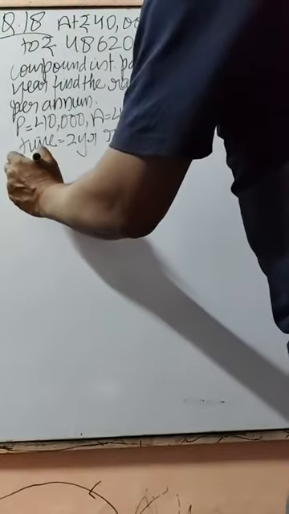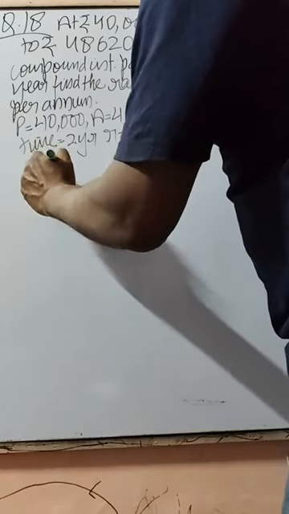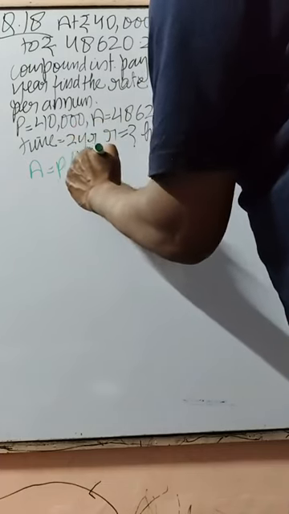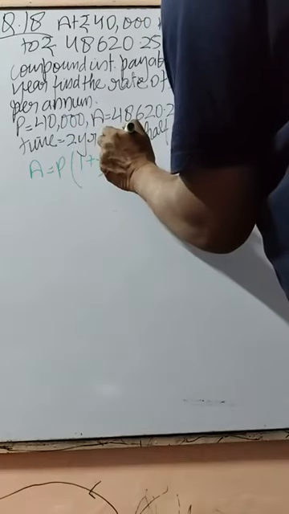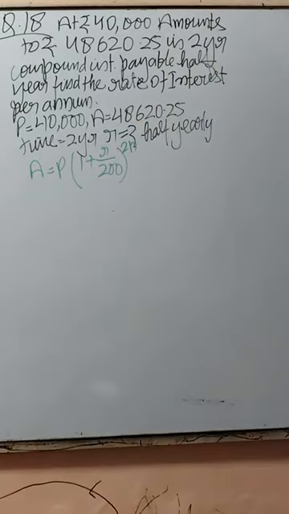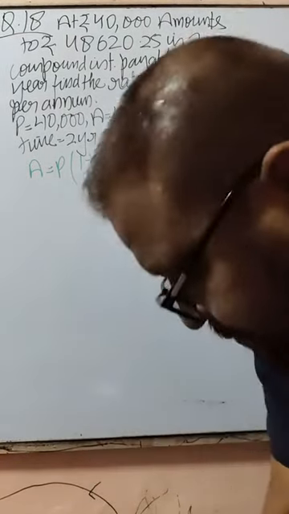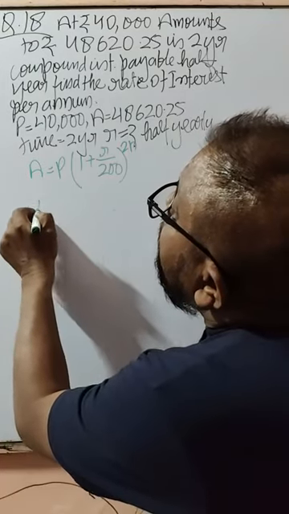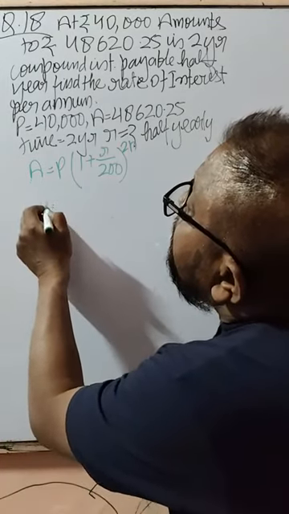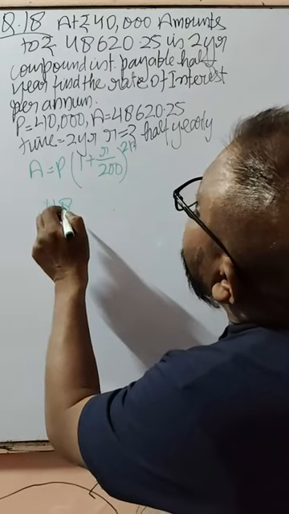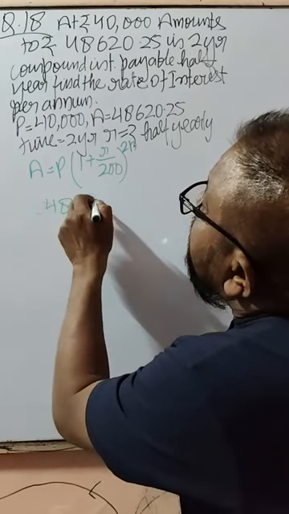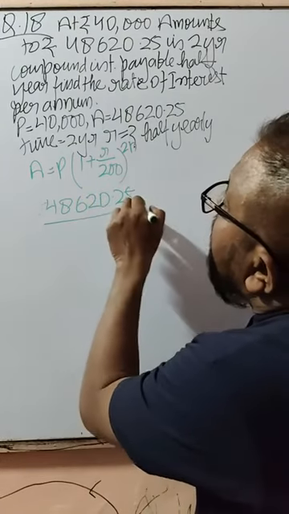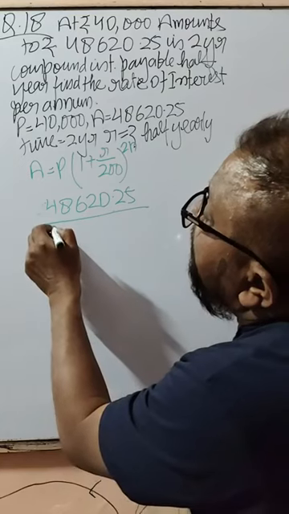We can write A is equal to P bracket 1 plus R upon 200 raised to the power 2n, right? So 48,620.25 divided by 40,000. This principal I brought here.